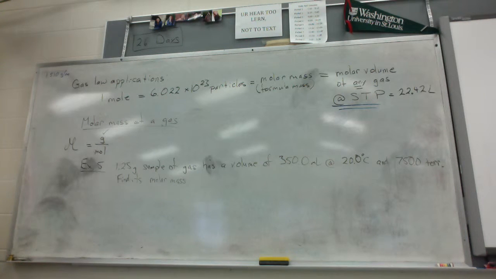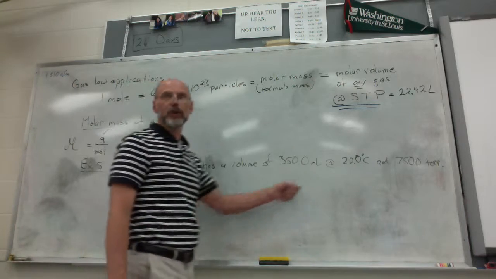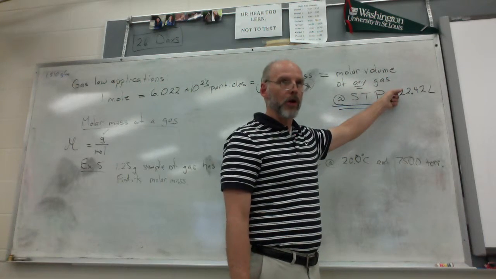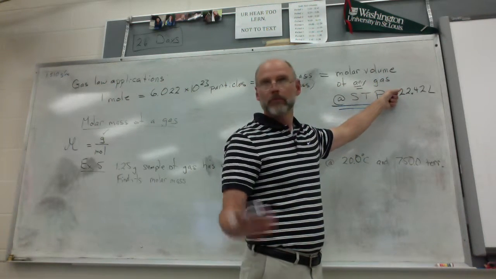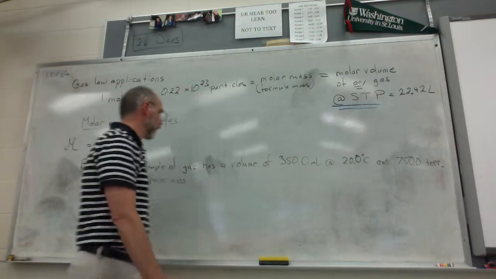Well, look at example number 3. What do we do? We had a volume of gas at non-standard conditions that we converted to standard conditions, and once we converted to standard conditions, we used the molar volume to find out how many moles. That's all you have to do. It's not that hard.